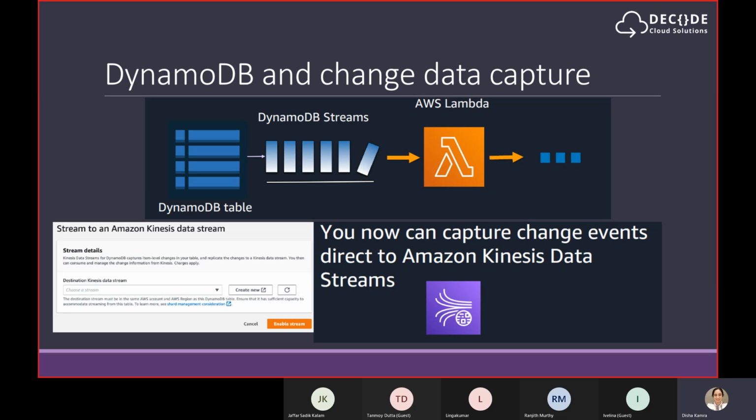So you can actually enable both of these features which I'm talking about here. This makes things very much easier to capture all of your updates directly to Kinesis. It also means that you can have a single Kinesis data stream where perhaps you are capturing the changes from multiple DynamoDB tables and perhaps even other event sources.